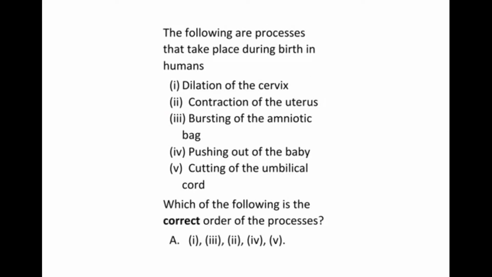The following are processes that take place during birth in humans: dilation of the cervix, contraction of the uterus, bursting of the amniotic bag, pushing out of the baby, cutting of the umbilical cord. Which one of the following is the correct order of the process? So this one takes us to the birth process.